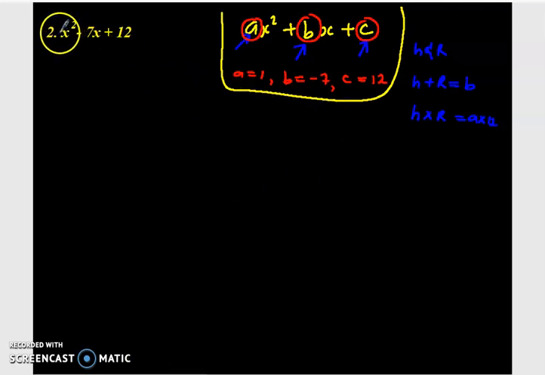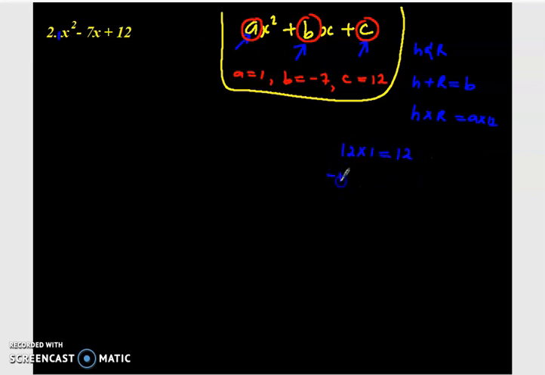So you're going to take the coefficient for the x squared term, which would be a, and multiply that by 12. So we can say 12 times 1. Sorry, the coefficient for the x squared term would be 1. So 12 times 1 is equal to 12. So we are now going to find other numbers that you can multiply that would give you 12 as well.